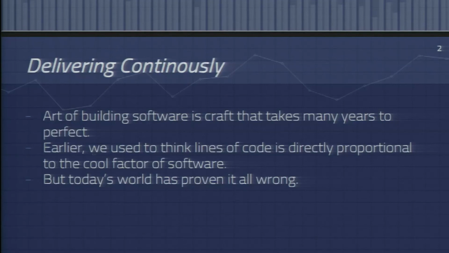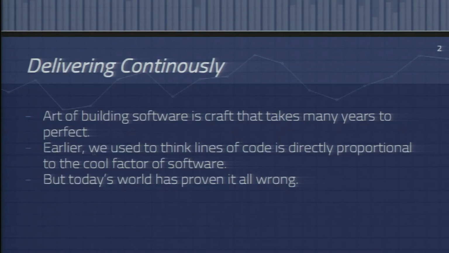But as we moved on, we drew the conclusion the other way around: the fewer the lines of code, the cooler the application. But moving further, now the world says there is no direct correlation between lines of code and your cool factor. It's only about when you have a prior idea about what the product is going to do, what it should do.